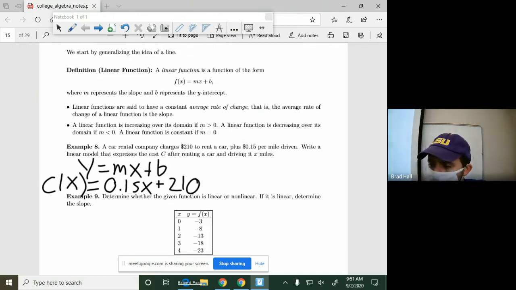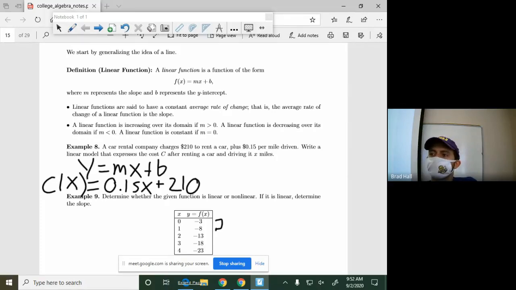The easiest way to determine that is determining the difference between the y values, or in other words, finding the rates of change. So the difference between -3 and -8, what's that difference?